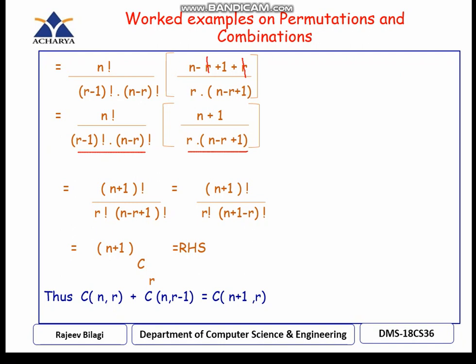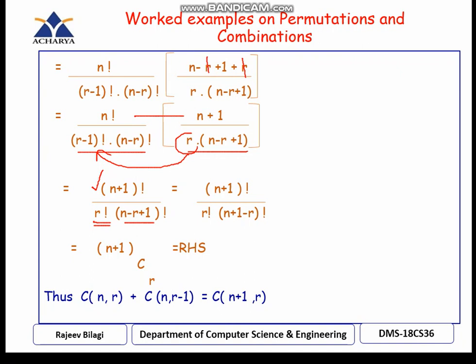Now putting this and this together, I can write (n plus 1) into n factorial as (n plus 1) factorial, divided by r into (r minus 1), which I can write as r factorial. Now (n minus r) factorial into (n minus r plus 1) I can write as (n minus r plus 1) factorial.